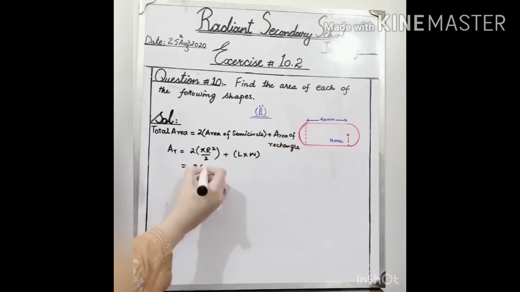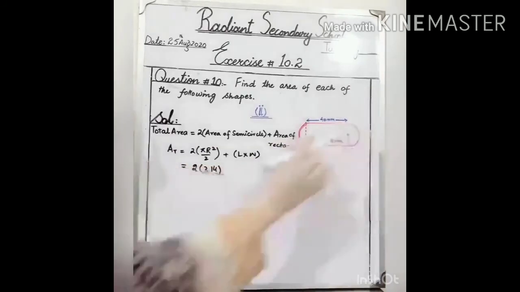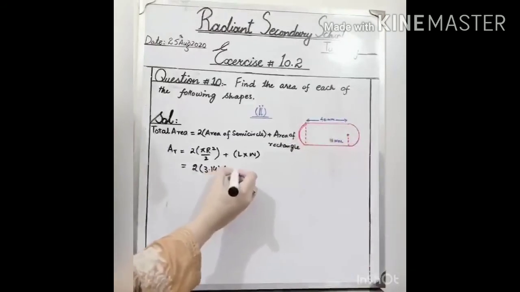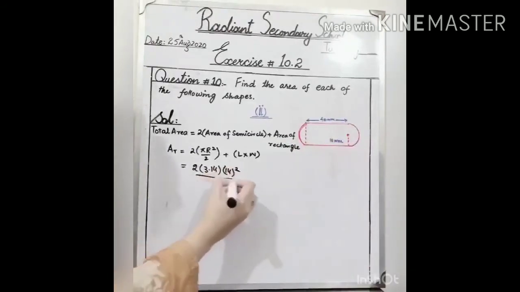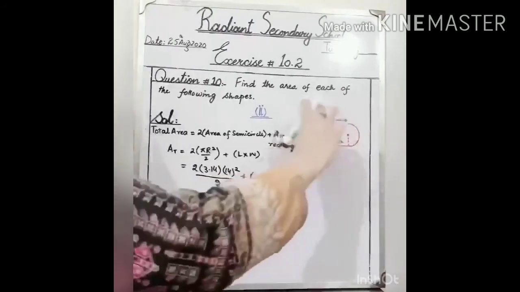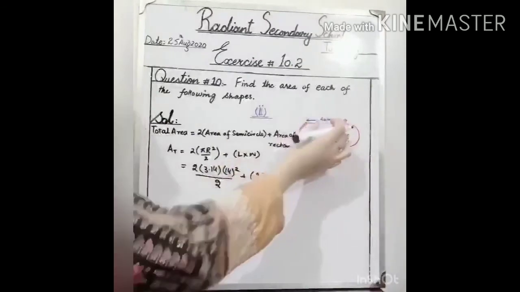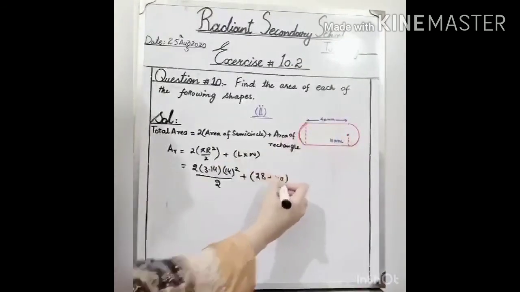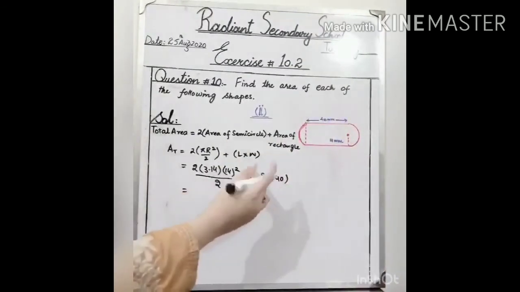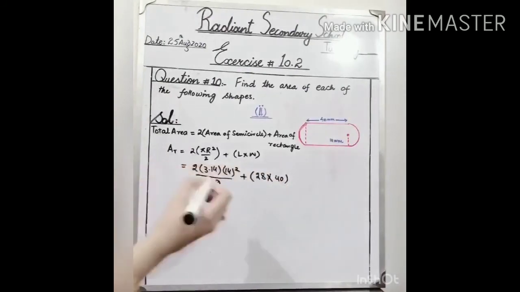The value of pi is 3.14 and here the radius is 14 square divided upon 2 plus here the half length is 14. When you double it, it will become 20. Width is 40. So this 40 into 28 will be 1120.